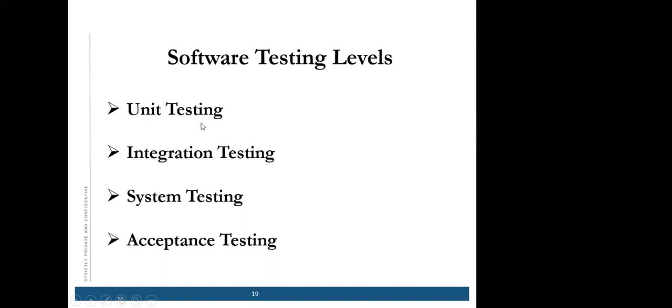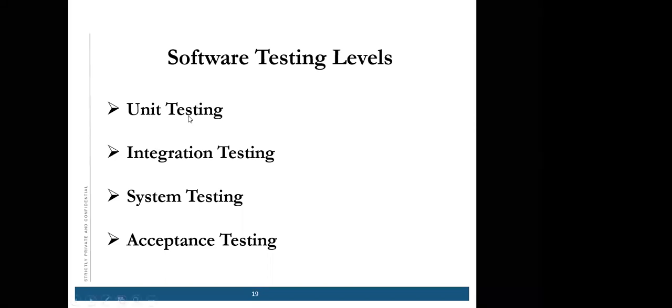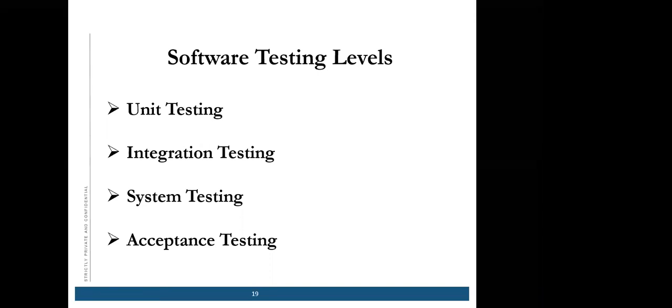Unit testing comes first. As Anand also told, unit testing is done by the developers. Unit testing is basically white box testing, which I have explained, where you test the internal coding or internal design of the product.